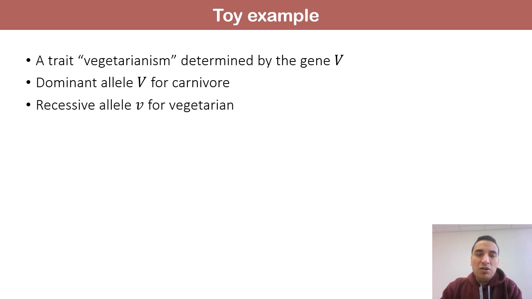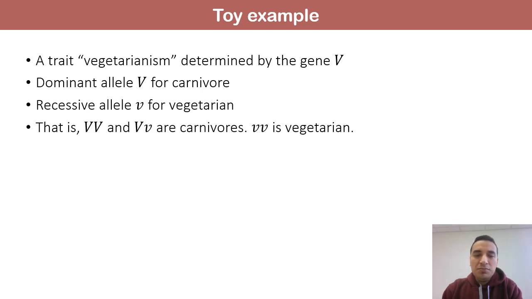A dominant allele called big V for carnivore, and a recessive allele called little v for vegetarian. Now imagine a population. Big V big V and big V little v will be carnivores because big V is the dominant allele, and little v little v is the only thing that will be vegetarian.